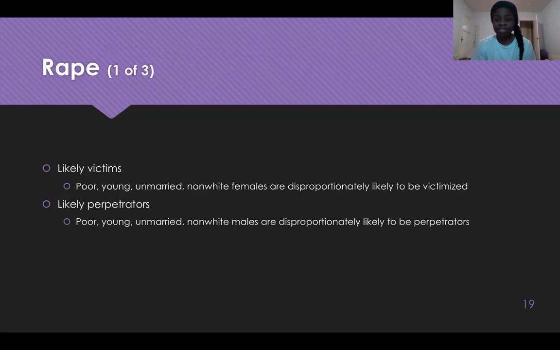The likely victims of rape happen to be, most often, and again, most often doesn't mean that they only happen to these types of people, poor, young, unmarried, non-white females who are disproportionately victimized. And poor, young, unmarried, non-white males are also disproportionately likely to be the perpetrators.